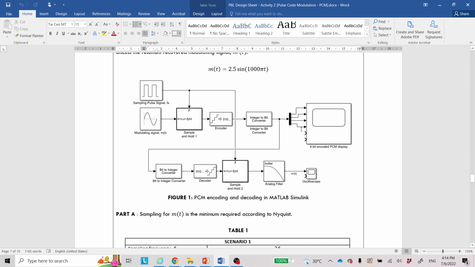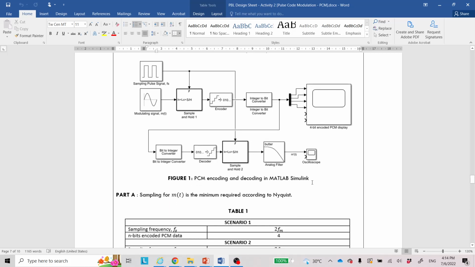Okay, we want to see what is the output of the transmitter, and we want to see what is the output of the receiver. So you need to analyze the things that we transmit, and also the output that we received from the output of the receiver. That's the final answer.